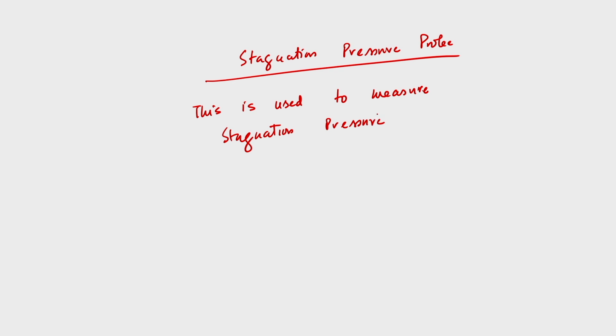Another thing is that, since it is used to measure stagnation pressure, again we have to place it in a flow field such that the axis of the probe is parallel to the flow field.